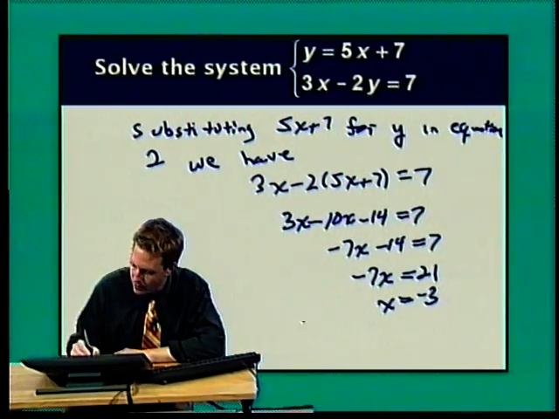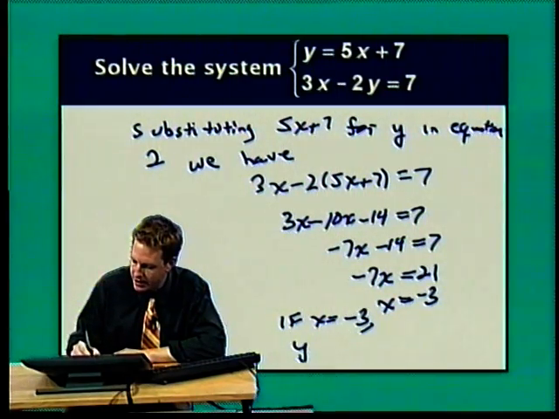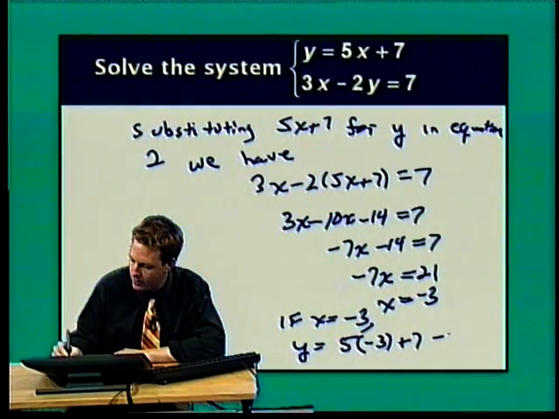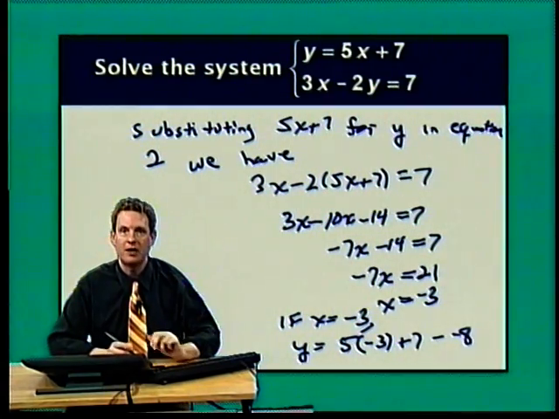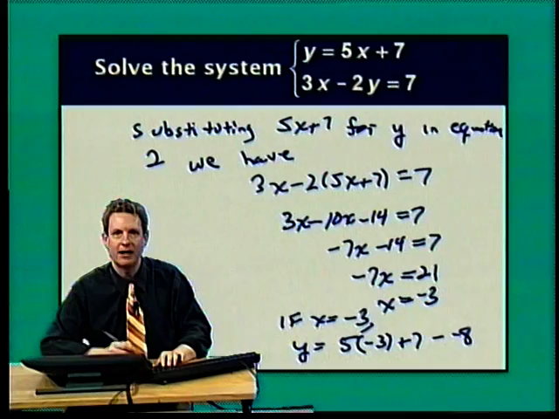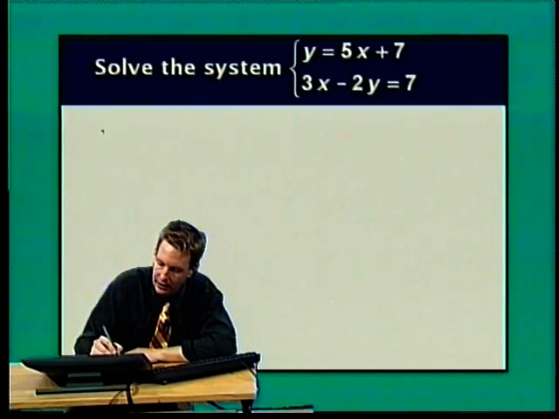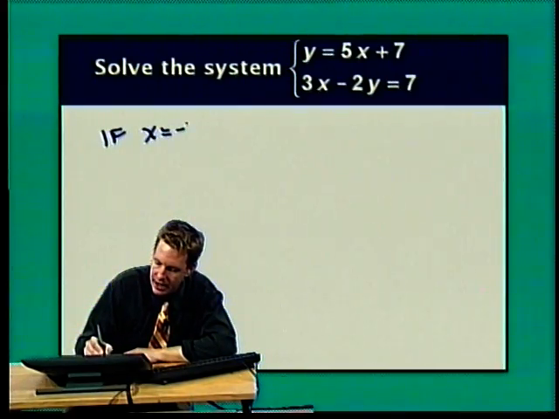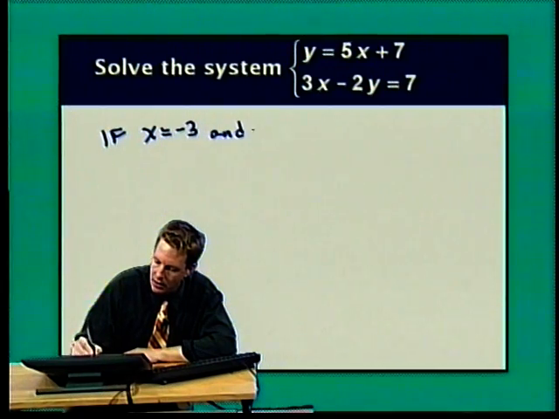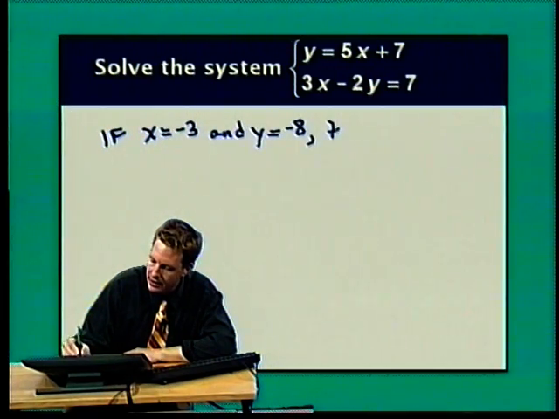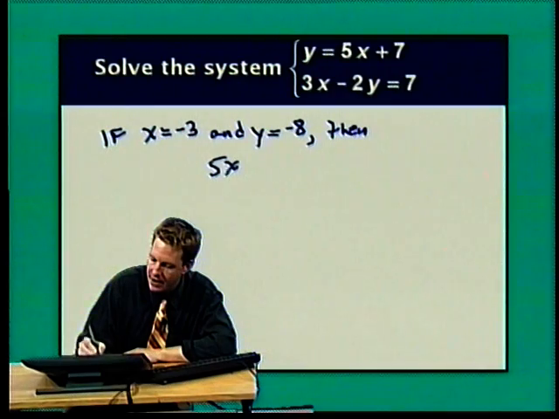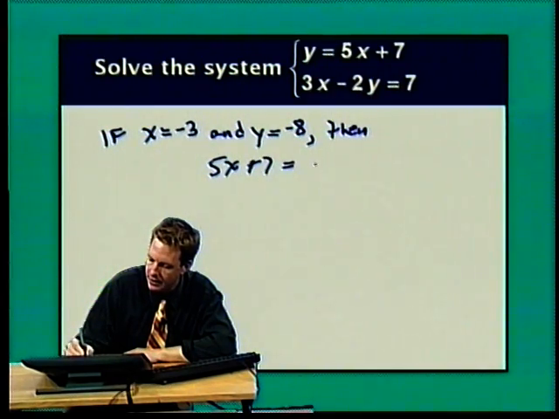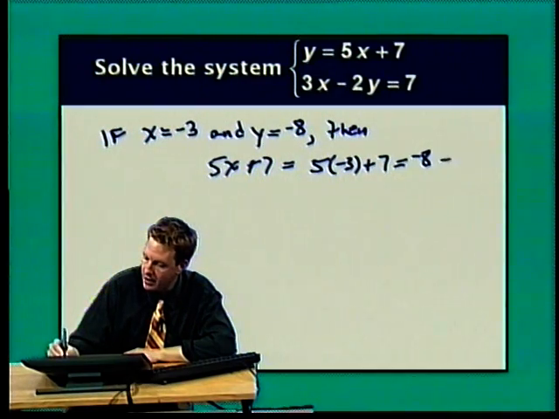What's our y value? Well, if x is negative 3, from our first equation, we see that y is 5 times negative 3 plus 7, which is negative 8. Our solution appears to be the point negative 3, negative 8. Let's check. If x equals negative 3 and y equals negative 8, then 5x plus 7 is 5 times negative 3 plus 7, which is negative 8, which is y.